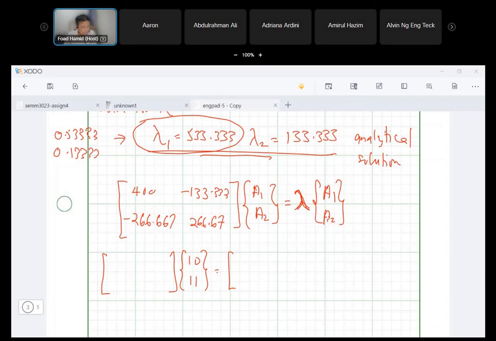I think I have my Excel solution here. Let's see. Okay, let's share this one.